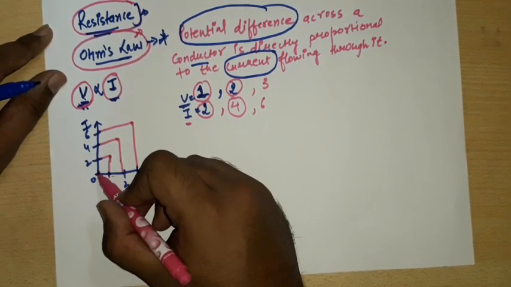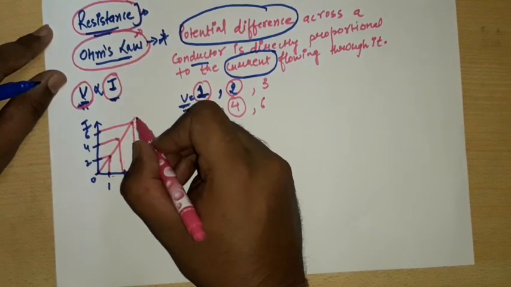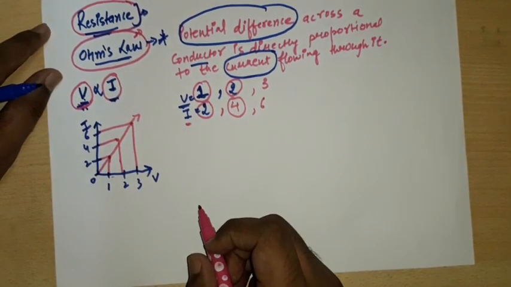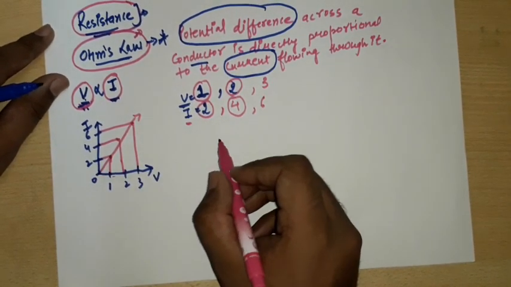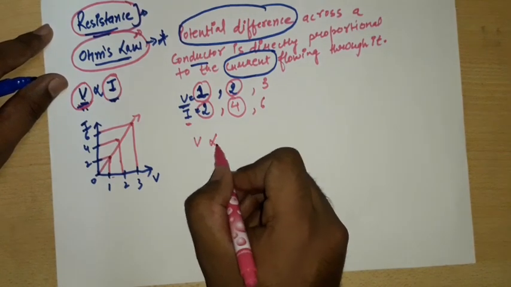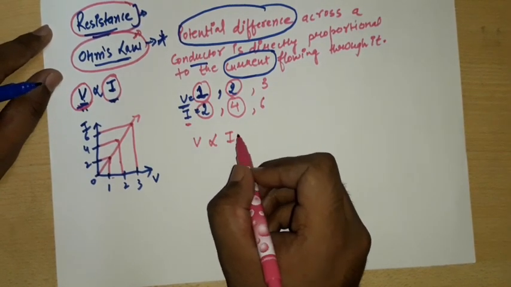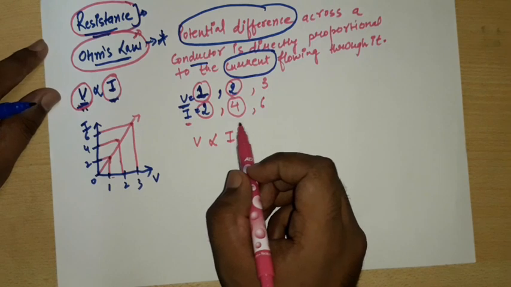So this is how it will always give a straight line graph, because V is directly proportional to I. This is what Ohm's law states.